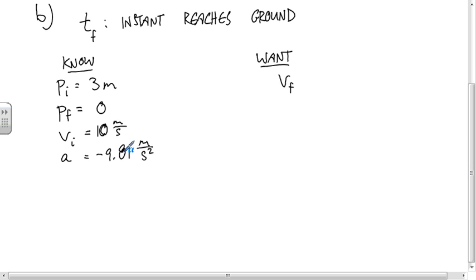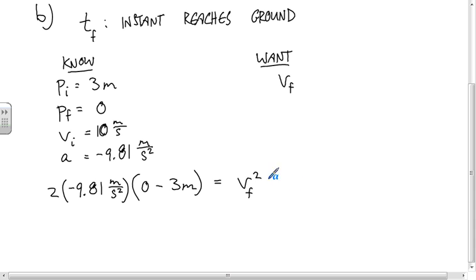The equation that works with this is equation 6. So we have 2 times negative 9.81 meters per second squared times P final minus P initial is equal to V final squared minus V initial squared.